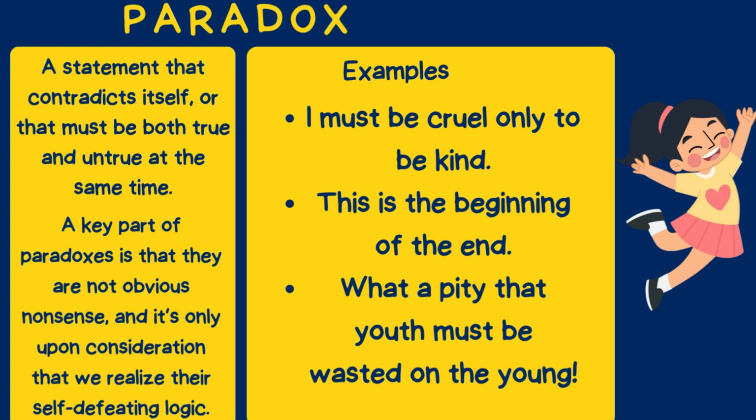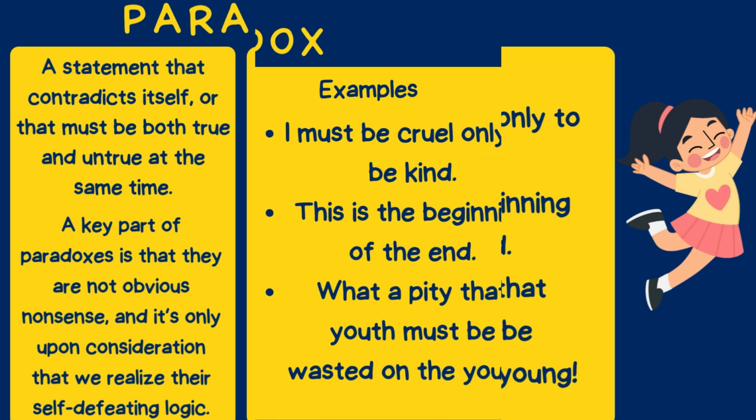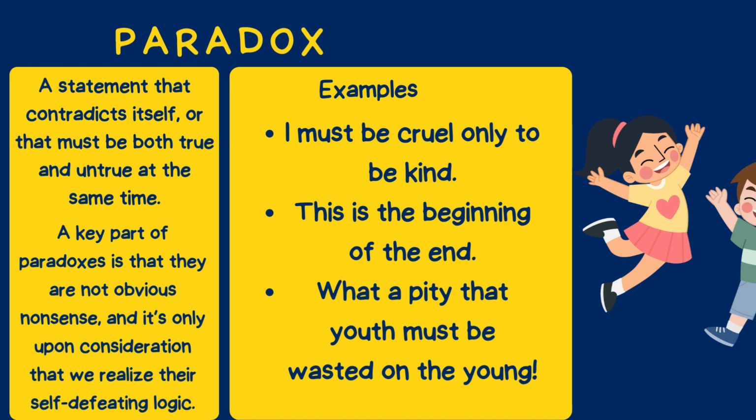Usually, when you look at paradoxes, they seem like nonsense. Like they do not make any meaning or any sense at first glance. But when you consider them in a deeper way, then you realize that they make a lot of sense.